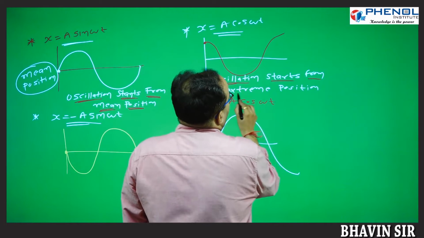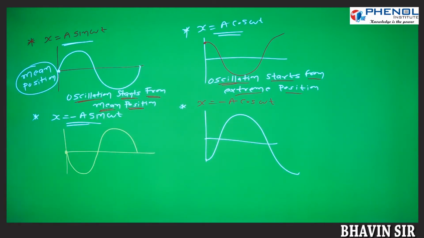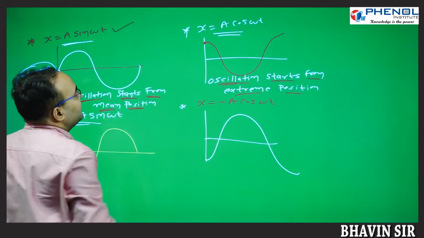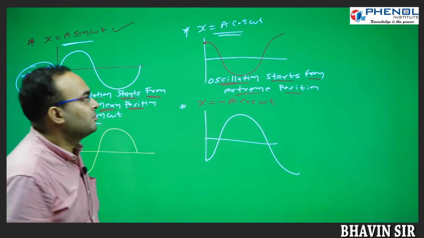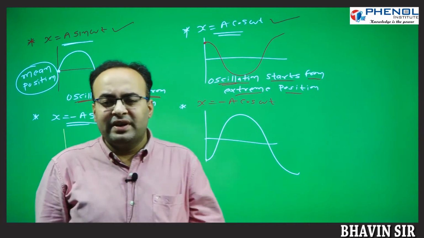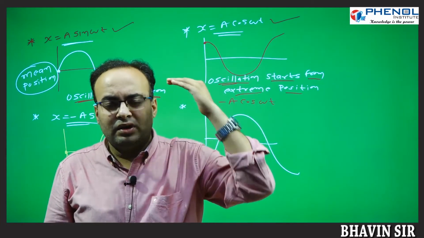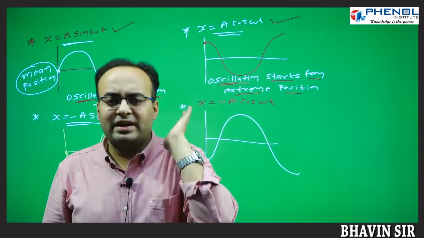meaning upward or downward. Okay, but see, students, if it says oscillation starts from the mean position, then generally we take x equals a sin omega t. And if oscillation starts from the extreme position, then, if they specify that oscillation starts from the extreme position in the downward direction, then we take x equals minus a cos omega t.